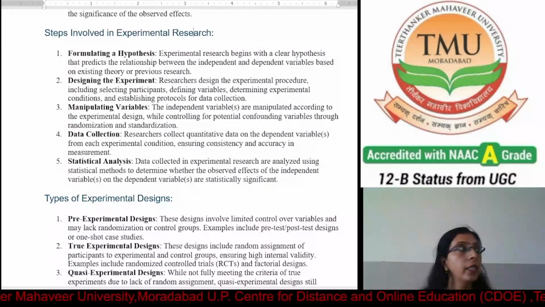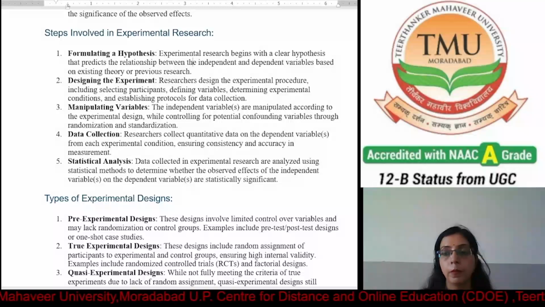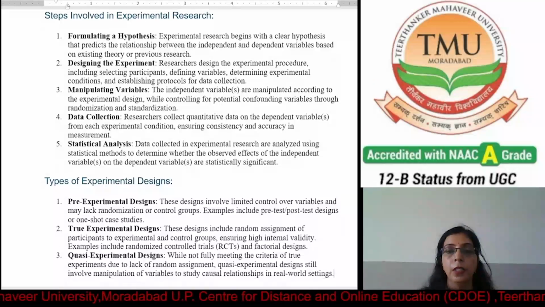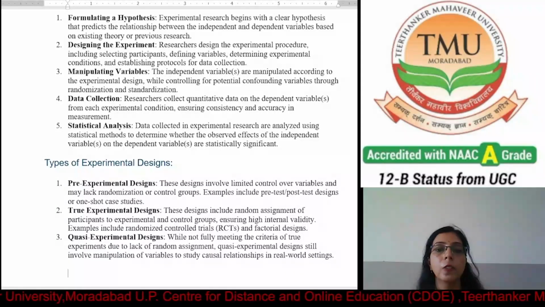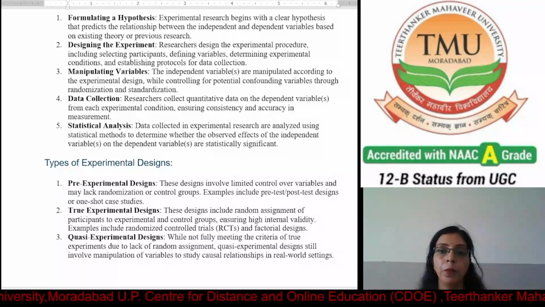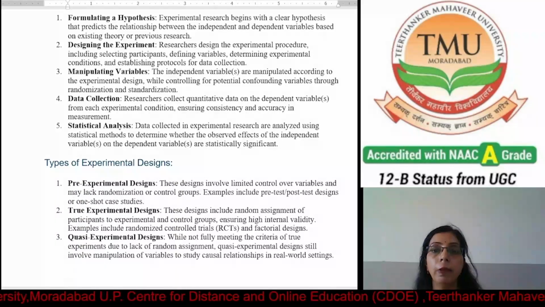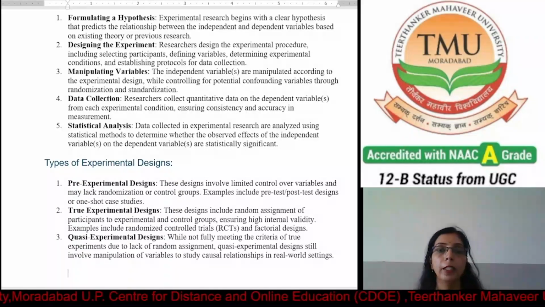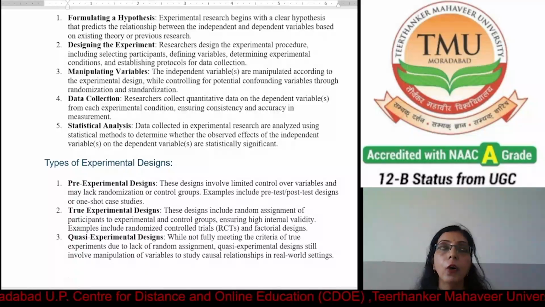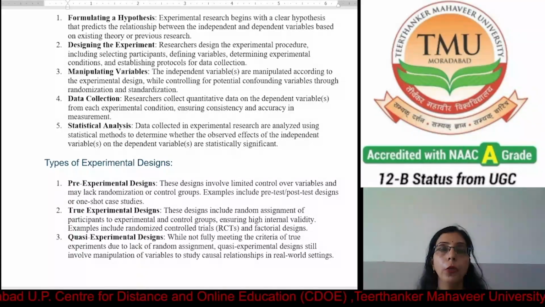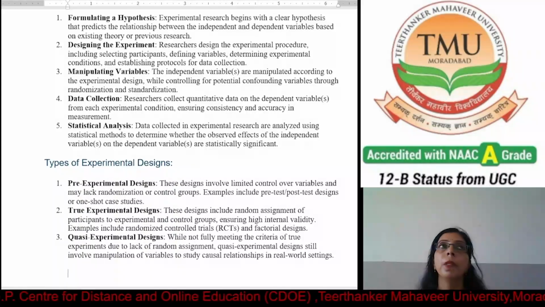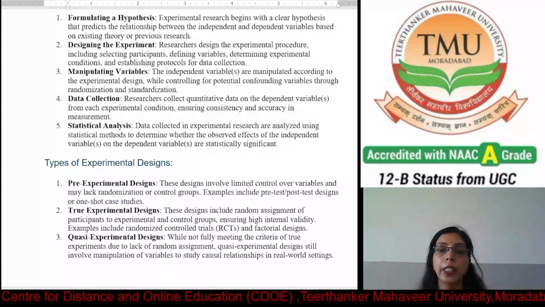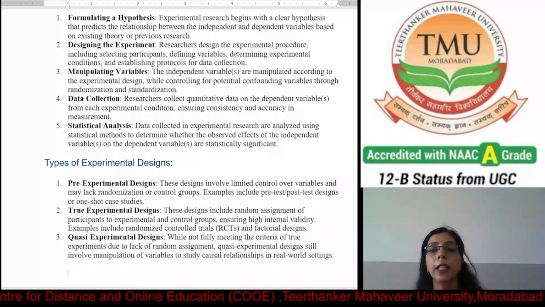True experimental designs include random assignment of participants to experimental and control groups, ensuring high internal validity. Quasi-experimental designs, while not fully meeting the criteria of true experiments due to lack of random assignment, still involve manipulation of variables to study causal relationships in real-world settings.